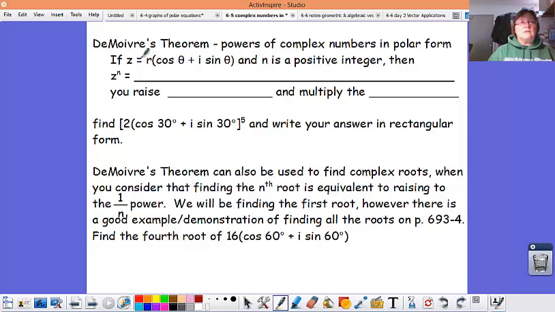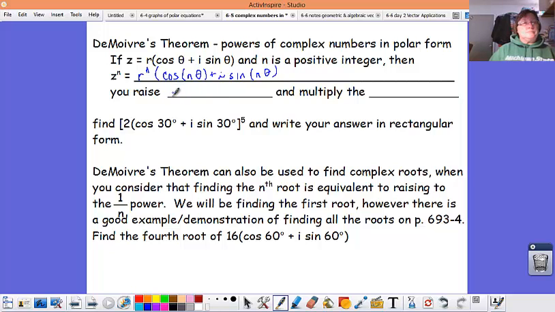Anyway, he is the one who came up with this idea that if we raise a complex number to a power in the polar plane, we can shortcut: it's the modulus to that power, r to the n, times the cosine of exponent times theta, plus I times the sine of exponent times theta.